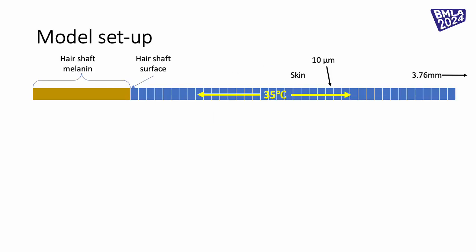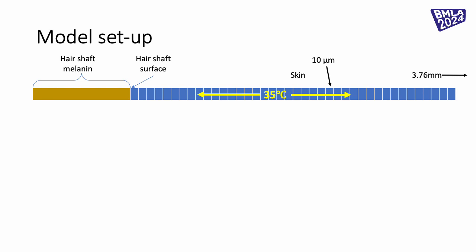The model setup is like this. I used a spatial grid with 10 micron boxes that extends out to 3.76 millimeters in distance. On the left hand side we have the melanin in the hair shaft, and I can change the radius of that to whatever I desire.